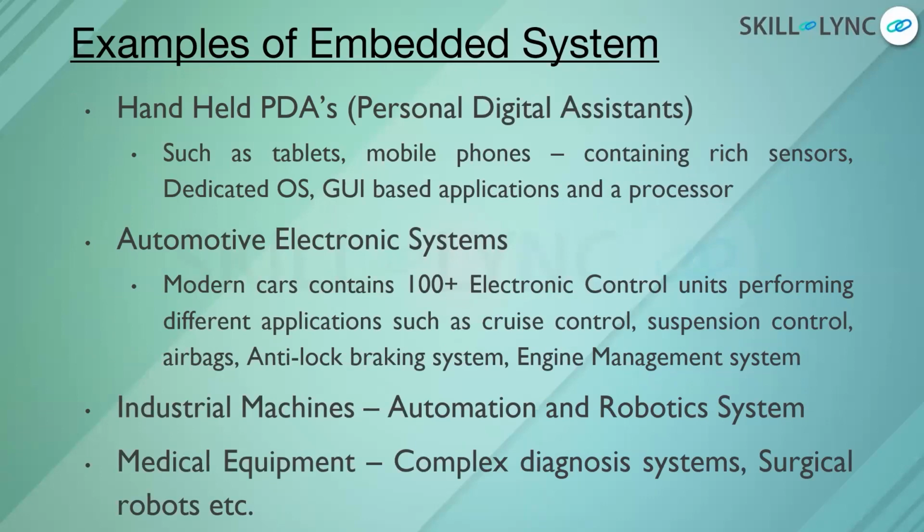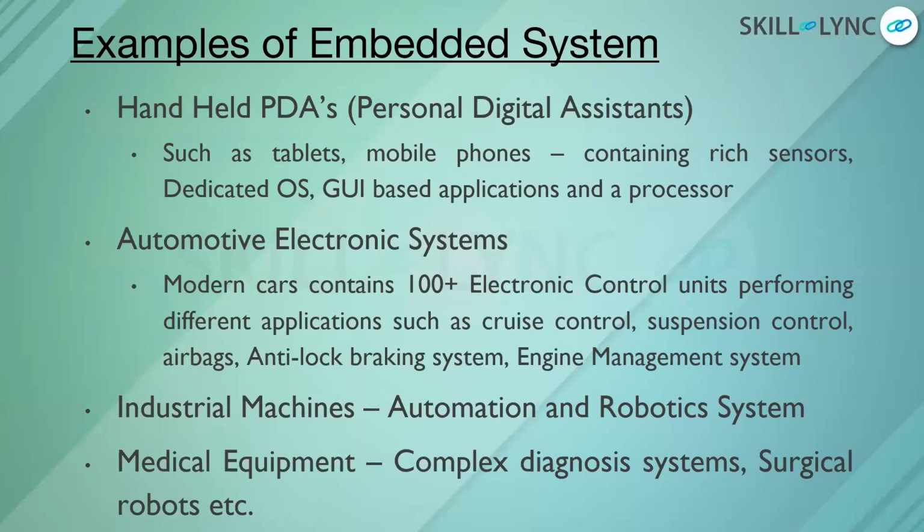You can consider any handheld device we see as a personal digital assistant now, such as tablets and mobile phones, which contain a rich number of sensors, a dedicated OS, and GUI based applications, and are driven by a SoC or a processor. This is one of the best examples of an embedded system.